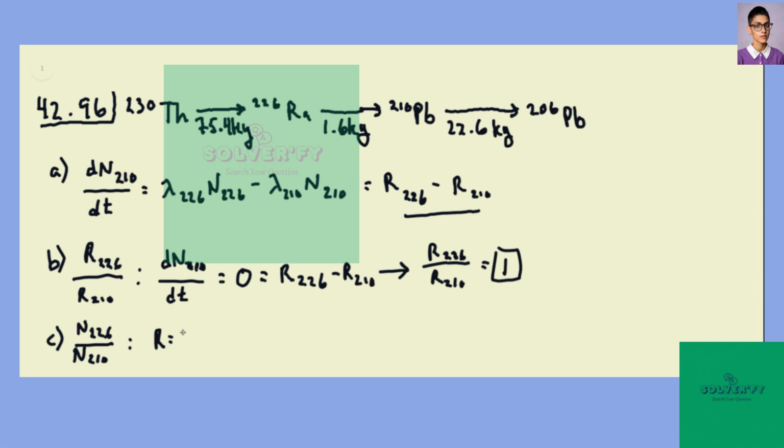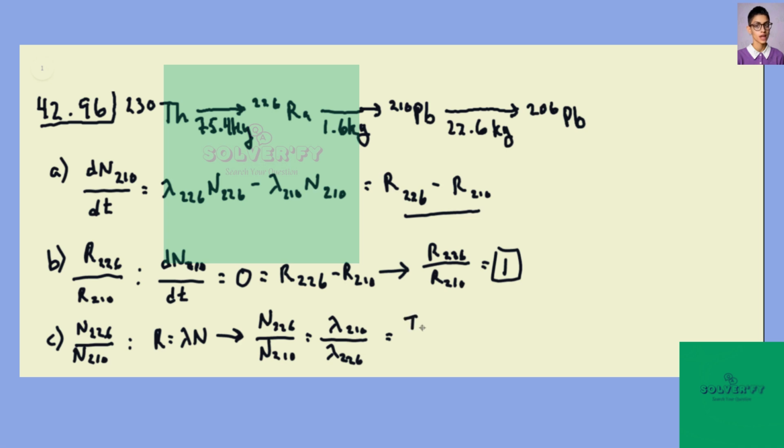And so we know that R is lambda N, so N226 divided by N210 is equal to the ratio of their decay constants, and the 226 is inverted. And again, this is log 2 over the half-life.